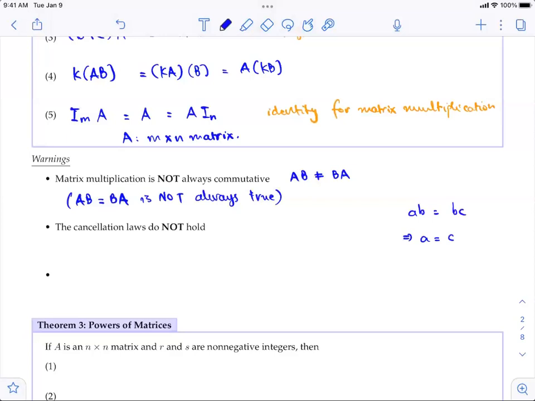But for linear algebra, that particular cancellation law does not hold. Even if AB equals AC, then B and C may not be the same.